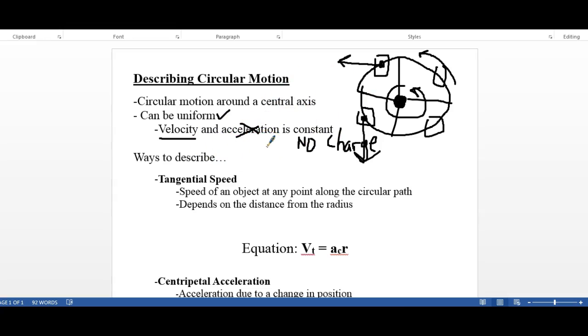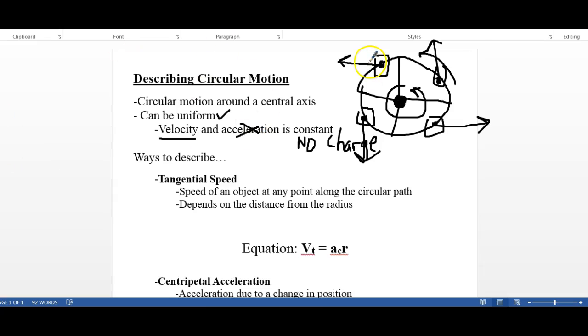It's a different type of acceleration because the speed is not changing, so there is no increase. The acceleration we talk about here is a change in direction. It just keeps changing as it goes around, and that is the constant acceleration.